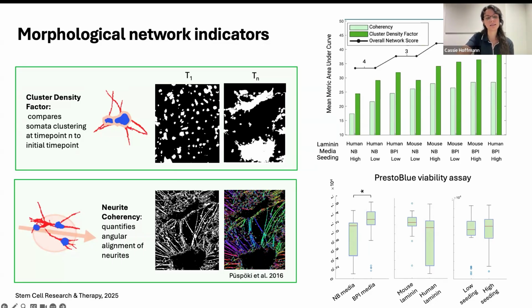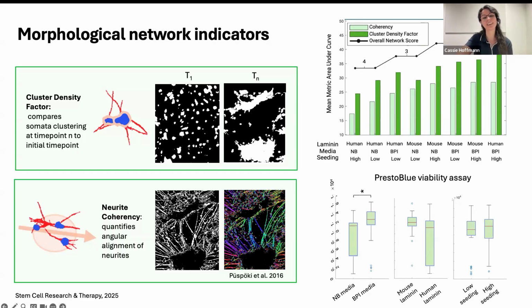And then there's the neurite coherency measure, and this workflow uses an algorithm by Pusprokey. In this image, I've got the neurites colored by orientation. Essentially, what coherency quantifies is the amount that the neurites organize in the same direction. There are two scenarios in this image.